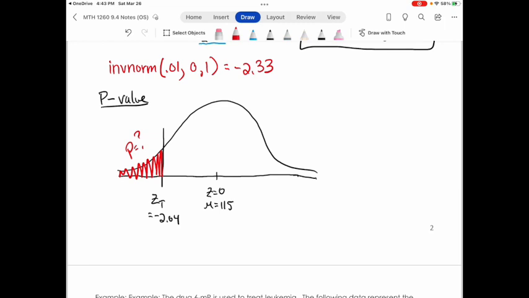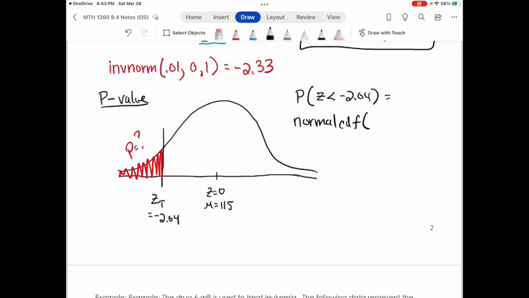So what I want to do is find this probability, and then check it against my alpha, my level of significance. So I want to find the probability that any other value of z that I find is going to be less than negative 2.04. This is what I'm looking for, that probability.